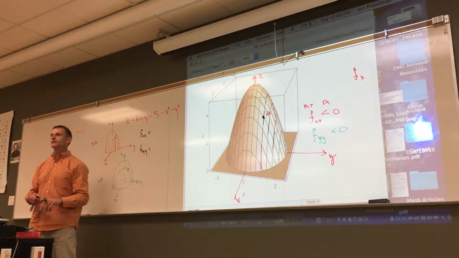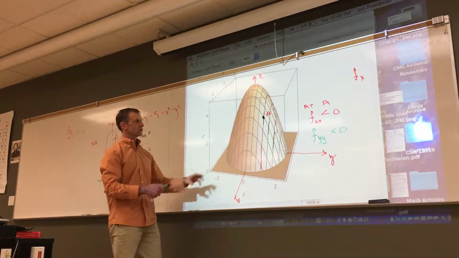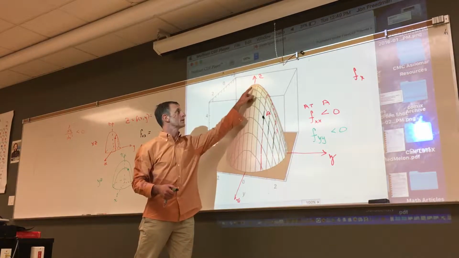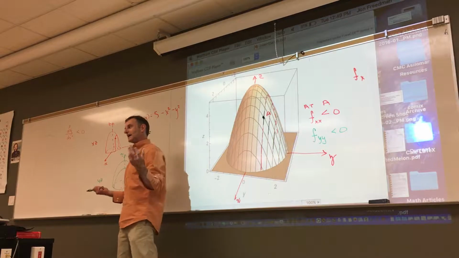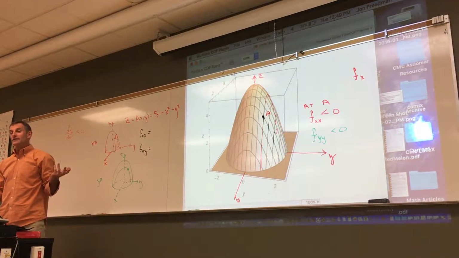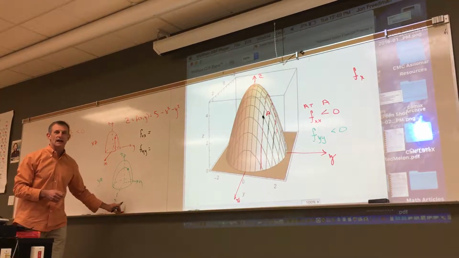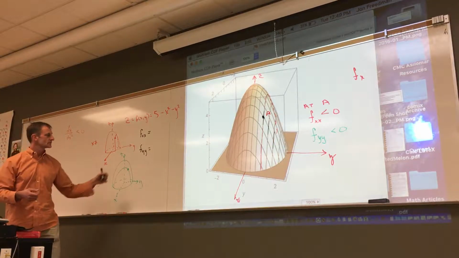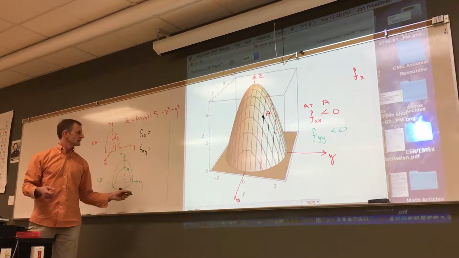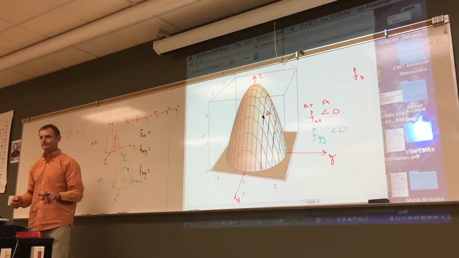And I don't think we need to worry about which point, because I could have picked any point, and we still would have gotten the same result. So let's see what happens. Would you find those guys? And then let's talk about fxy.